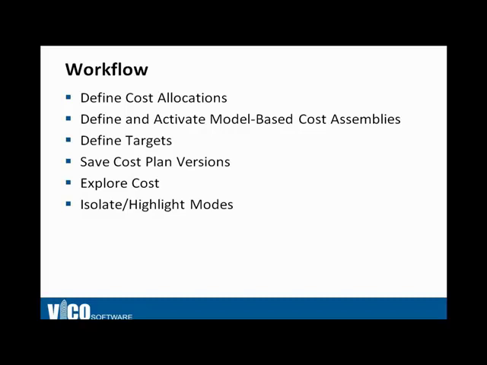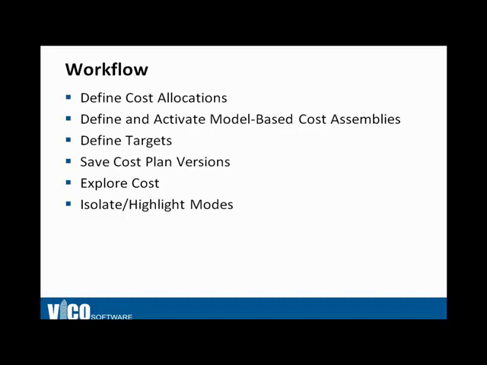After that, we define and activate cost assemblies and cost components. We will define targets, so an explicit set of budget values that we want to compare against later. We'll also save cost plan versions that we want to compare against each other to see where the differences are between version 1 and version 2.